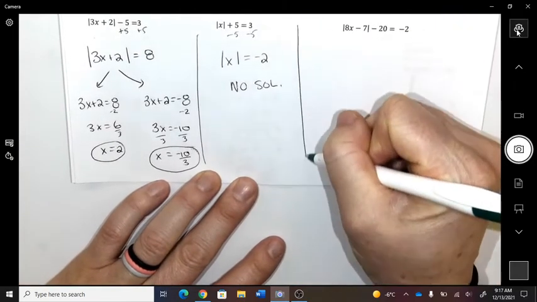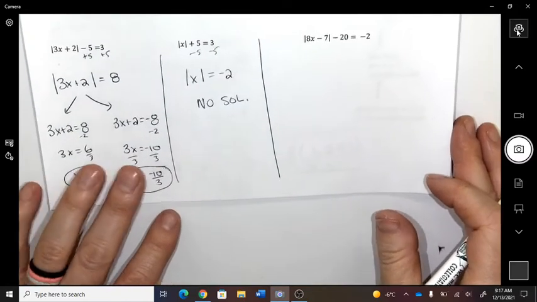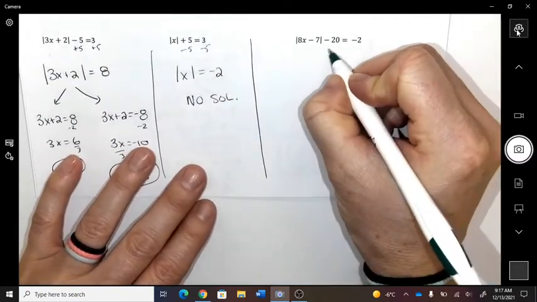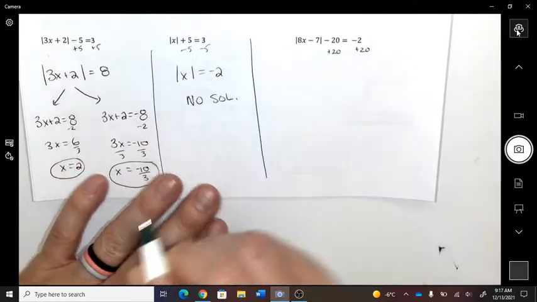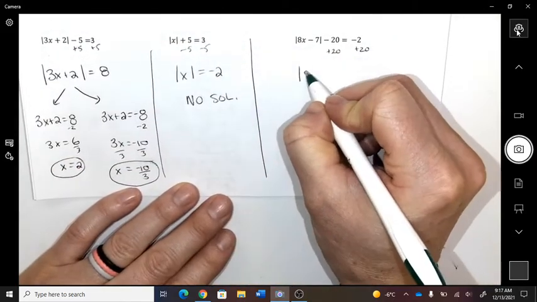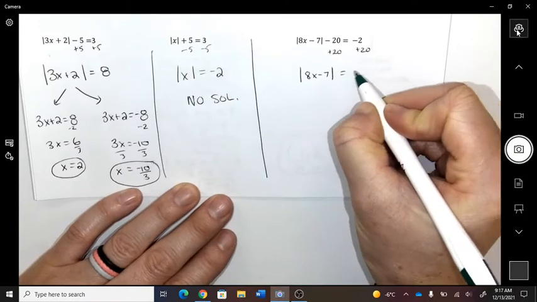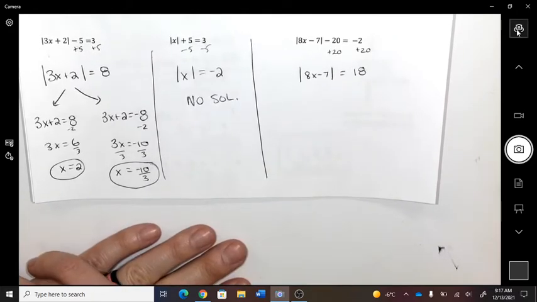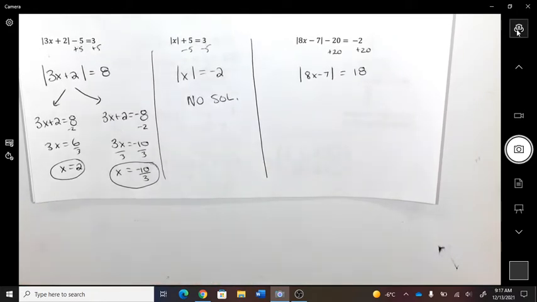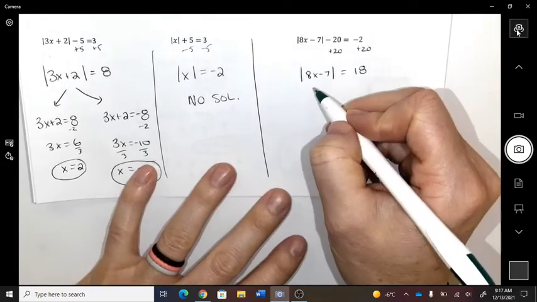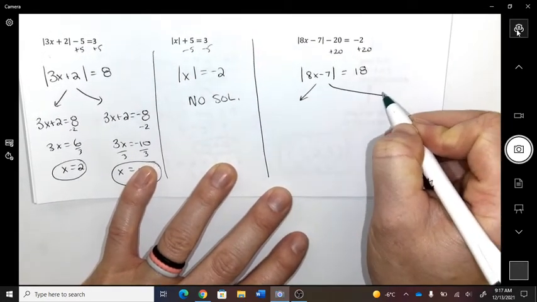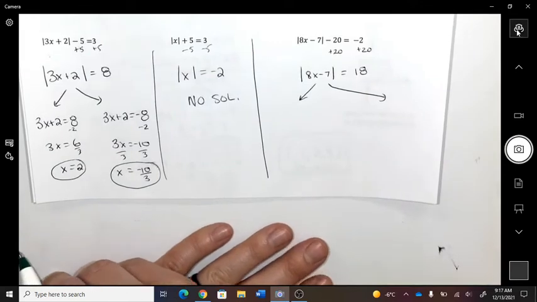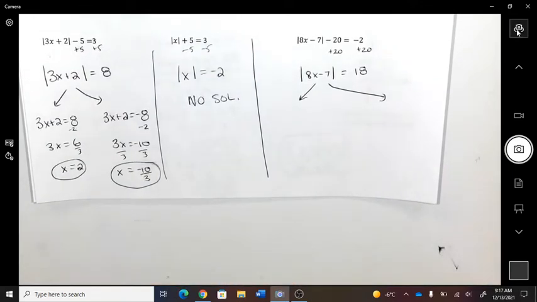Okay, next. So I'm going to have to add 20. Okay, so that's the first step, get that absolute alone. Now I can state: inside those brackets, I would have either had an 18 or a negative 18.